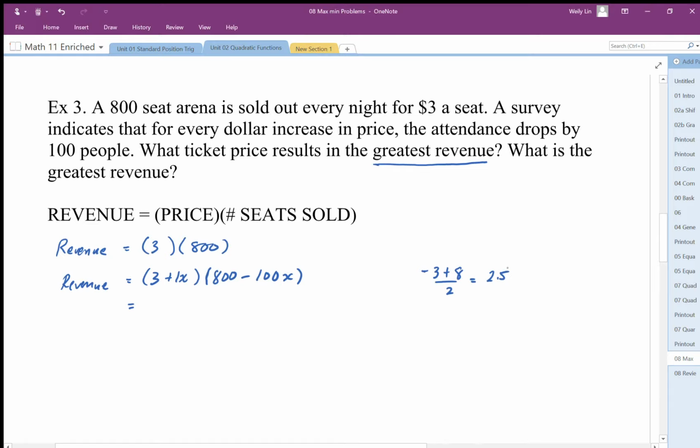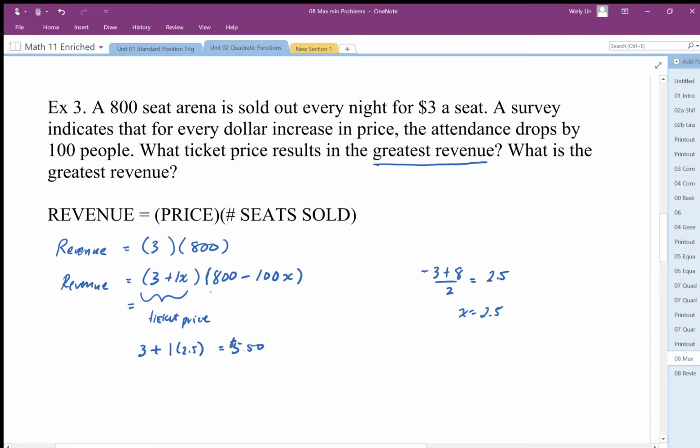So we can say that x is equal to 2.5. Now, what is the greatest revenue? We have to calculate the revenue. This represents the ticket price. The ticket price is 3 plus 1 times 2.5, which is equal to $5.50.